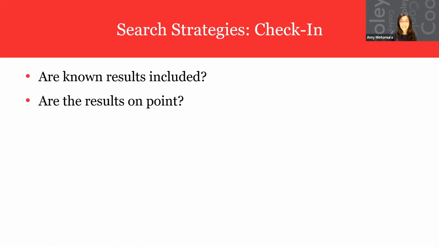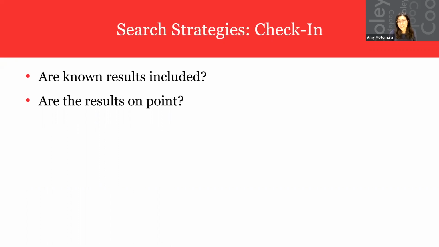One is, if I know that anything is out there, say a particular patent that some competitor has, or an inventor or a company who works in this space, are those showing up in my results? If they're not, then figure out why they're not and adjust your strategy.